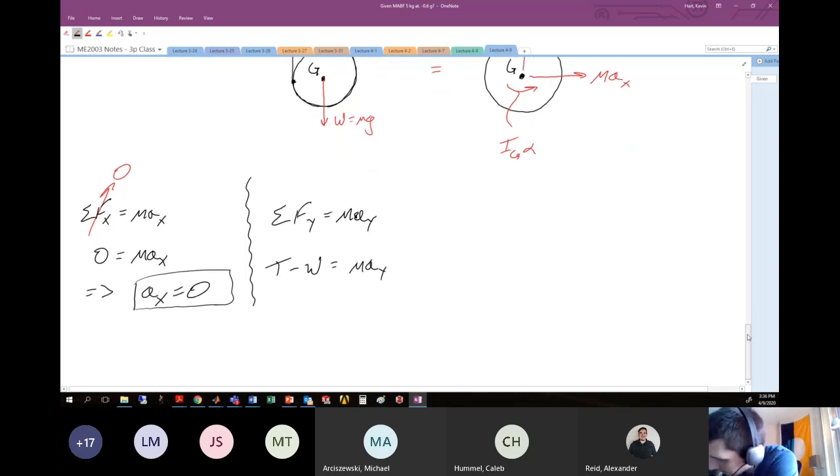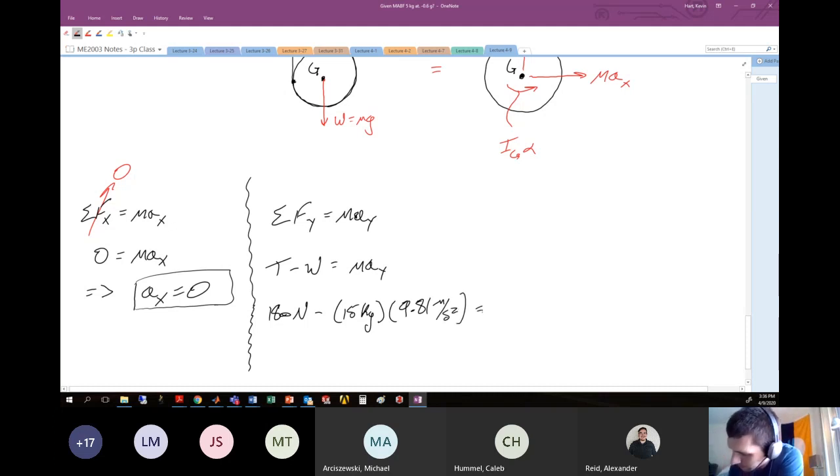Now I can assign values. I know my tension going upwards is 180 newtons, minus the weight of the disk, which is mass times gravity. The mass of the disk is 15 kilograms times gravity, 9.81 meters per second squared, equals the mass, 15 kilograms, times the acceleration in the y direction.